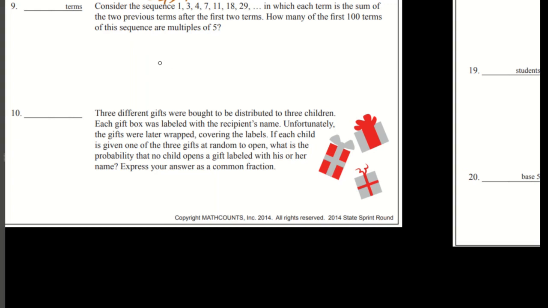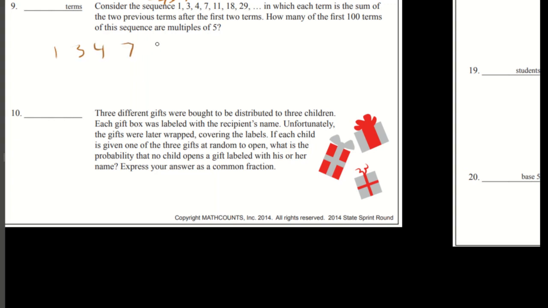If you just add the last digit of the number you had to the last digit of the number you had before, you'll get the last digit of the next number in the sequence. And we only need to know the last digit. Oh, I see. So you can just look at the units digit, right? So you've got 1, 1, 3, 4, 7.